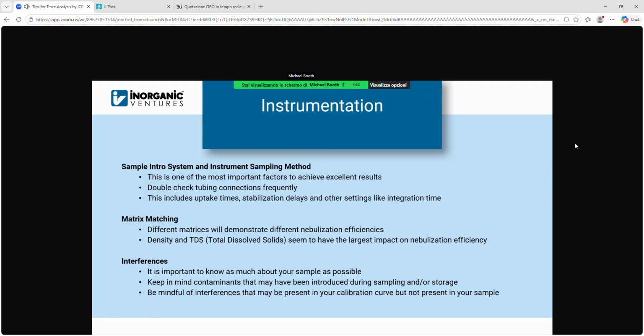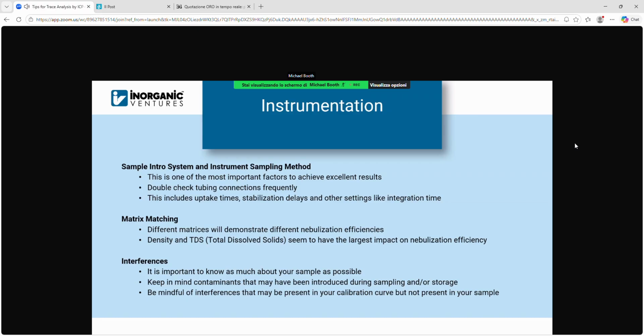One of the best ways to do that is to inspect the sample introduction system extremely well. Double check the tightness of the tubing connections. Monitor your sample. One of the things I like to do is, the first time I hit go on the instrument, I watch it run the first sample and make sure you can see where the sample is moving through the introduction system.